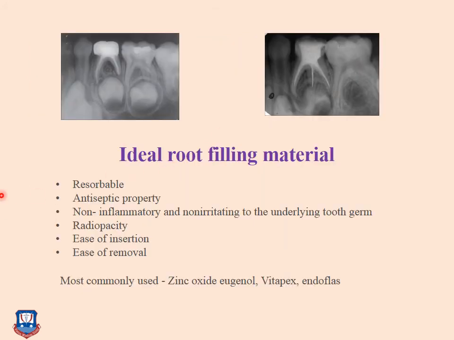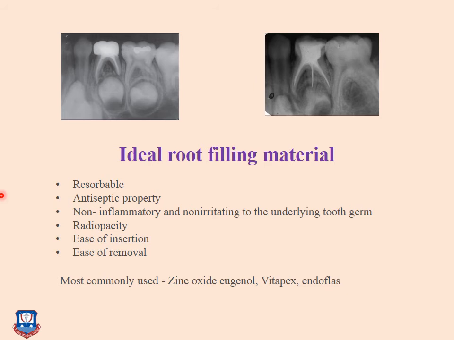So what are the ideal root filling materials? Root canal filling materials or obturating materials. The obturating material for primary teeth is different compared to that of the permanent tooth. For primary teeth, the obturating material should be resorbable, it should have a similar resorption rate as that of the tooth itself.